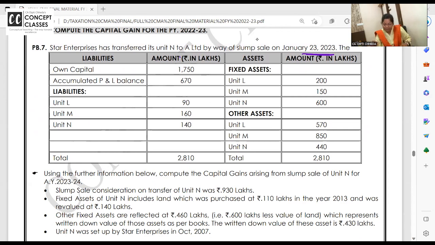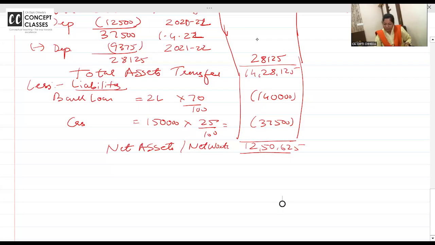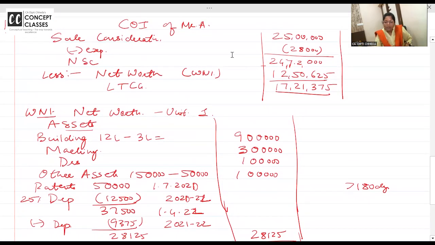Yes, 12,21,375 only I wrote. No, one second. Did I give you some different answer? One second, we'll check. Calculator is not there. Yes, 12,21,375.